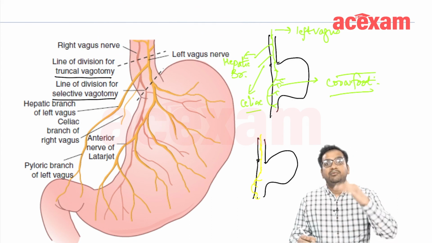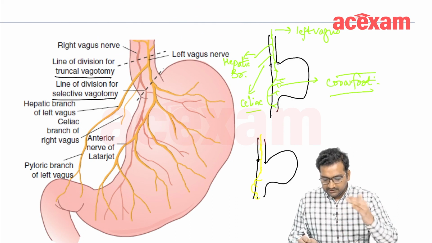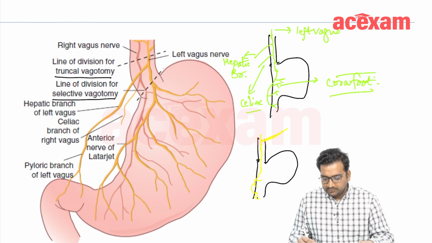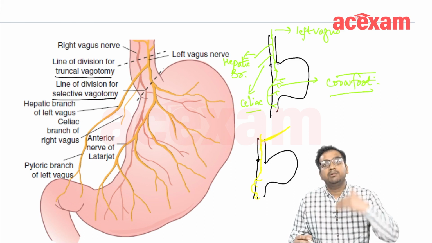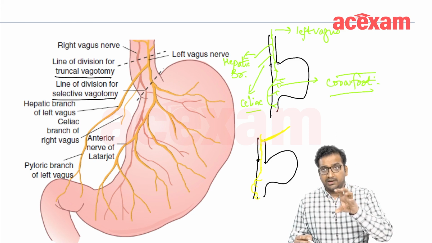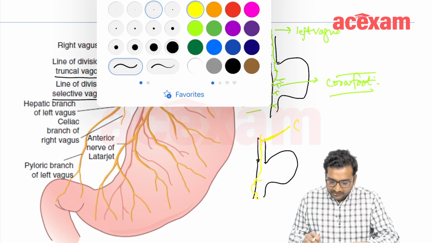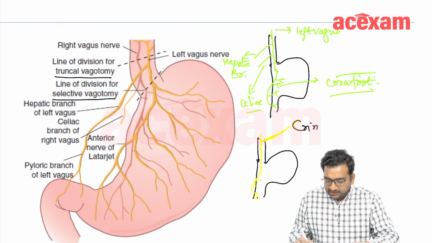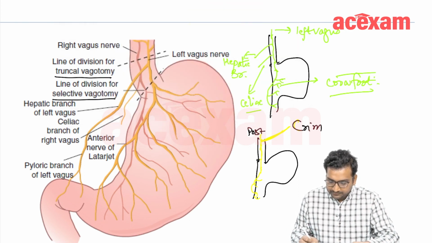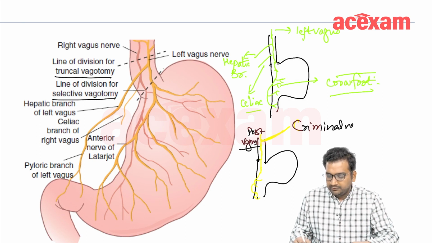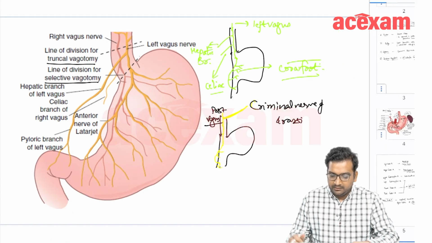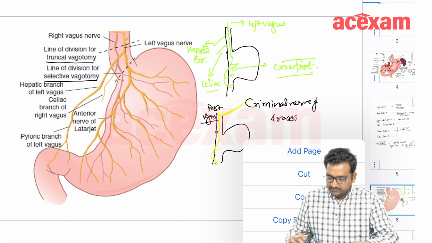But before supplying the stomach, there is a branch, the first branch, which arises even above the gastroesophageal junction. That is the criminal nerve of Grassi. So the first branch of the posterior vagus is the criminal nerve of Grassi. Now I'll explain them to you.